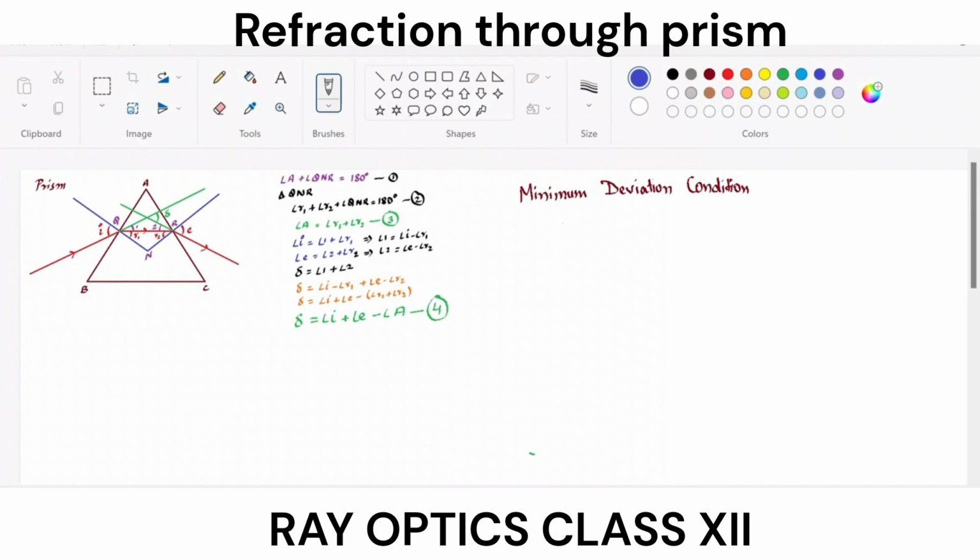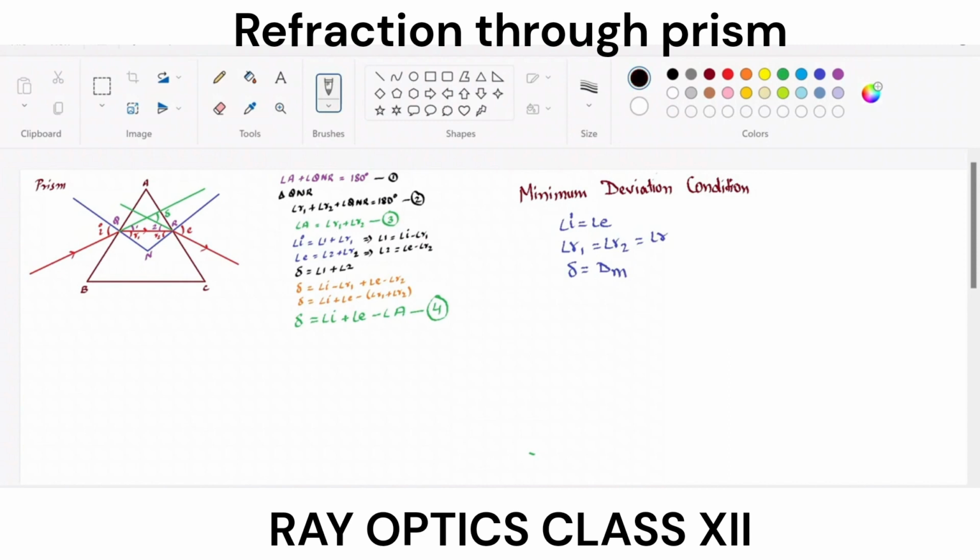Angle I must be equals to angle E. Angle R1 must be equal to angle R2, and that is angle R. Both are equal to any particular angle R. And delta we will call it as Dm. These three conditions are known as minimum deviation conditions.